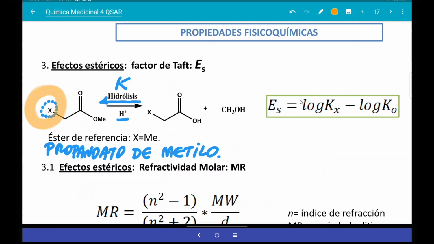Then, this hydrolysis constant value: if my substituent is voluminous, will it be easier or more difficult to hydrolyze? More difficult, because there is a more voluminous substituent. And therefore, more difficult, right? Then the value will be positive or negative.